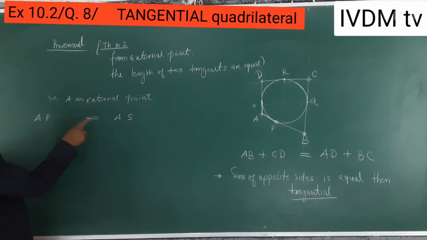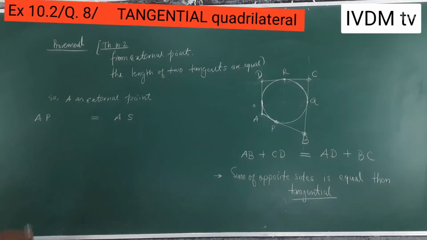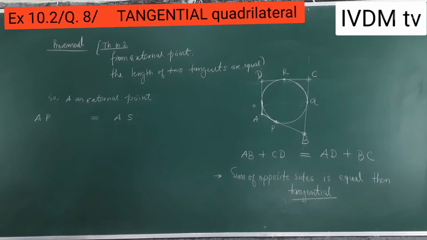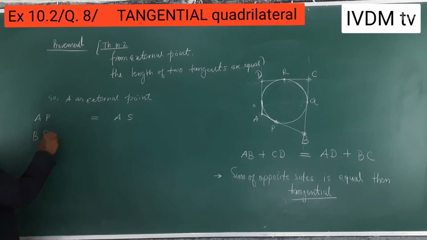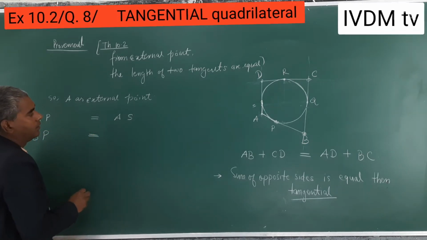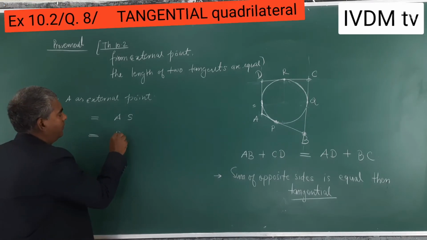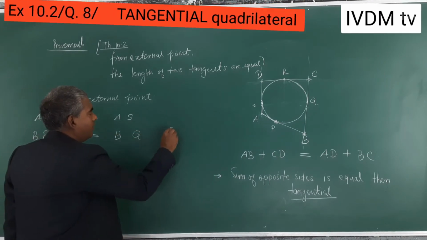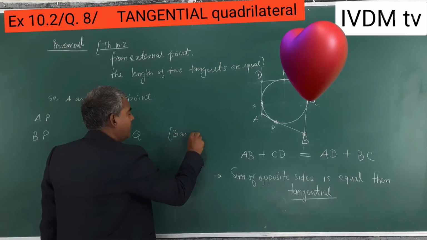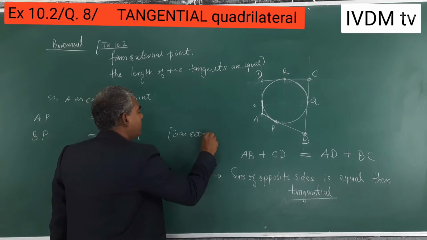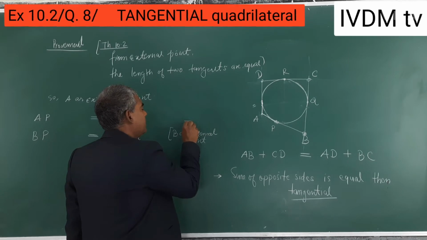I have taken A. Then B as external point, BP is equal to what? BQ. What you have taken? B as external point and theorem 10.2.